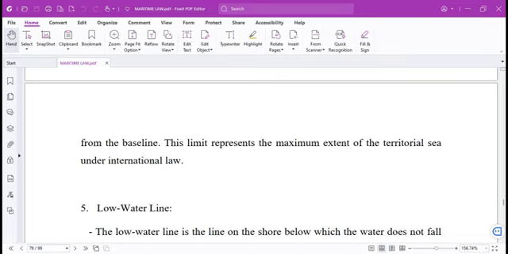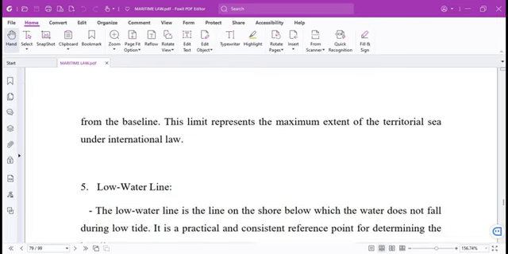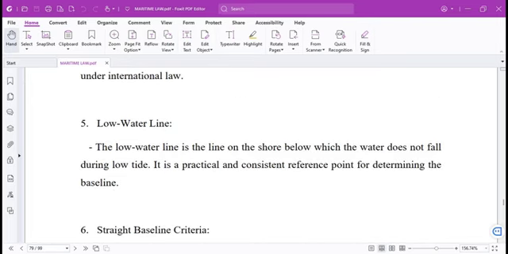Next is the low water line. The low water line is a line on the shore below which the water does not fall during low tide.